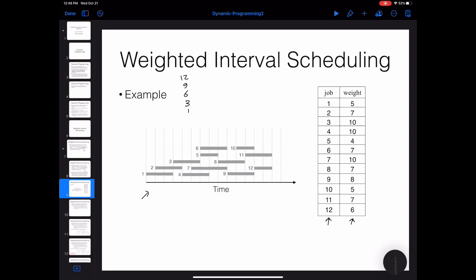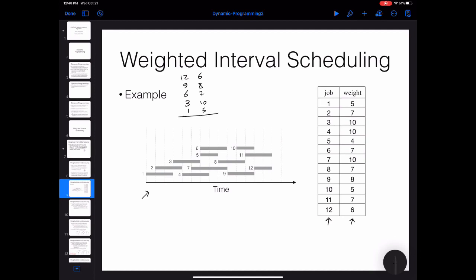The weight of each one: 12 is 6, 9 is 8, job 6 has weight 7, job 3 has weight 10, and job 1 has weight 5.